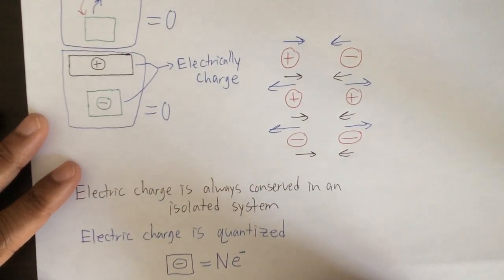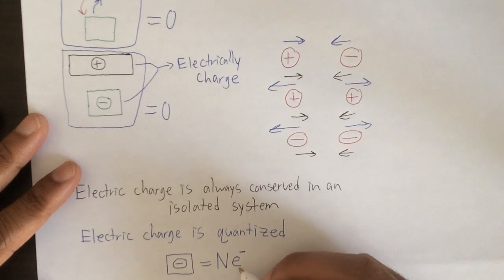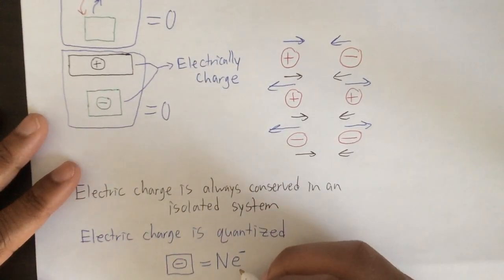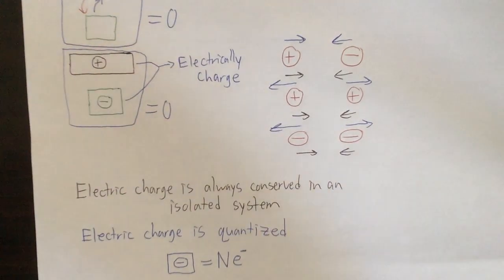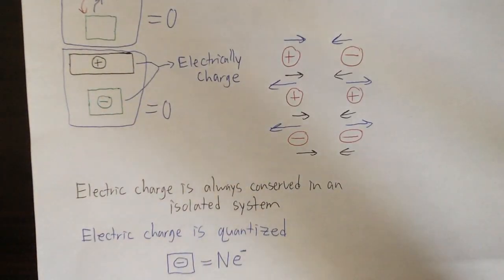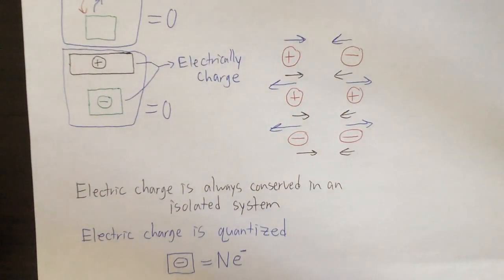So another way to look at this property is saying that you cannot have a charge amount that is smaller than the amount of charge on an electron. So it's like saying the electron is the smallest building block of a total net charge on an object that is negatively charged.